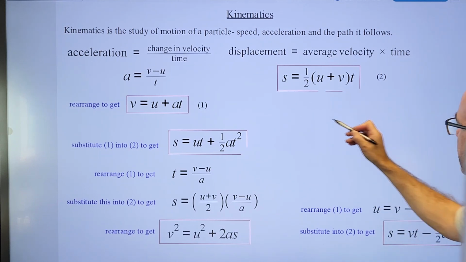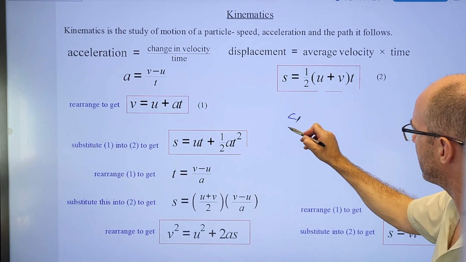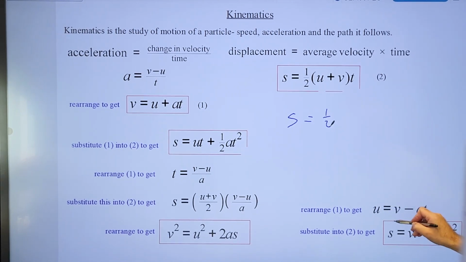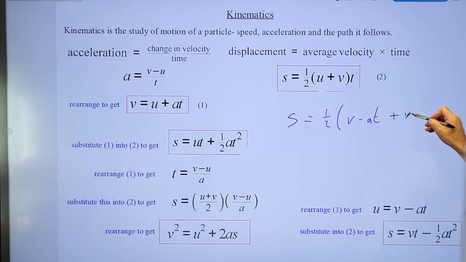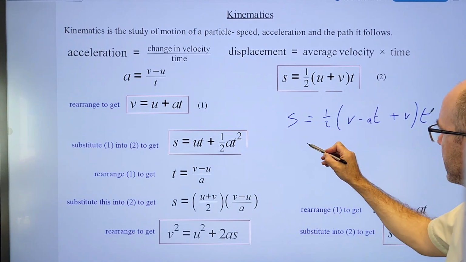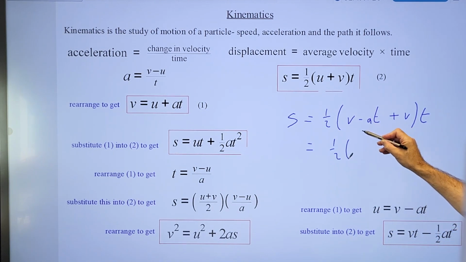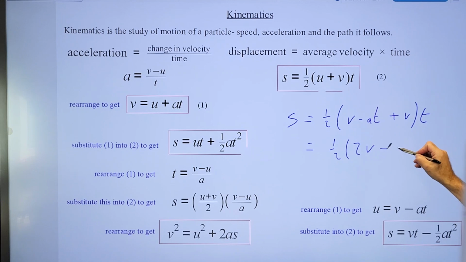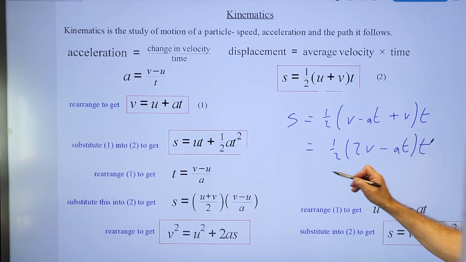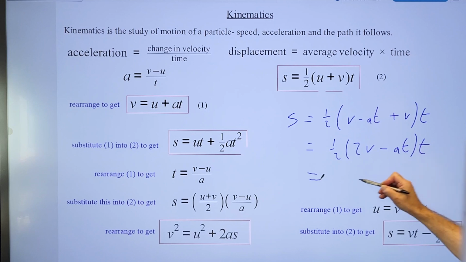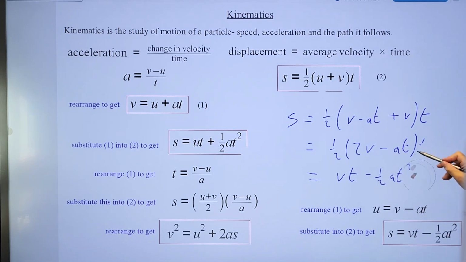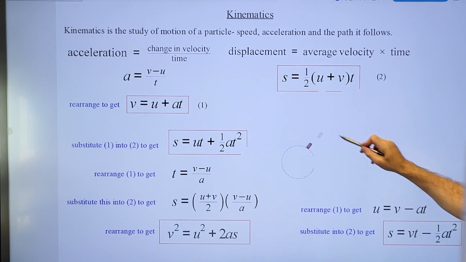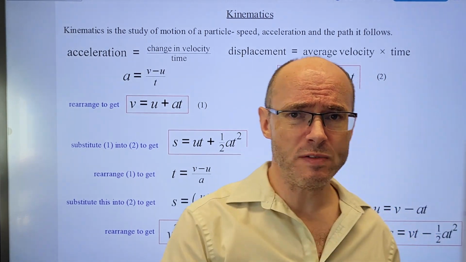So equation 2, S is equal to a half, U, so that's V minus AT, plus V, multiplied by T. So that's a half, and then that's going to be 2V minus AT, times T. Expand the brackets, so that's going to be VT, and then subtract half AT squared. There we go: S equals VT minus half AT squared. But as I said, you don't actually need to use this one. Those are our SUVAT formulae.